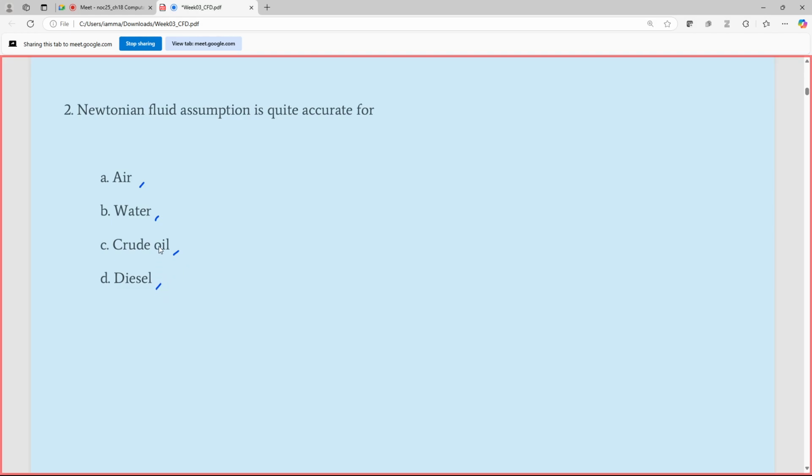Just think about how a Newtonian fluid is classified, then try to answer which among the following can be considered a Newtonian fluid. Please inbox your answers.